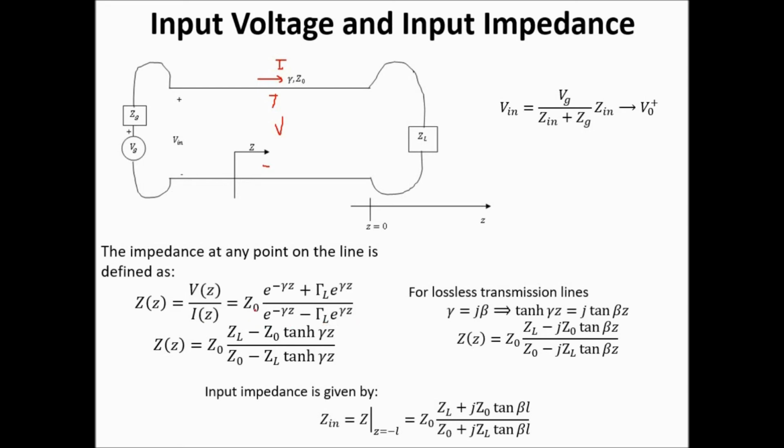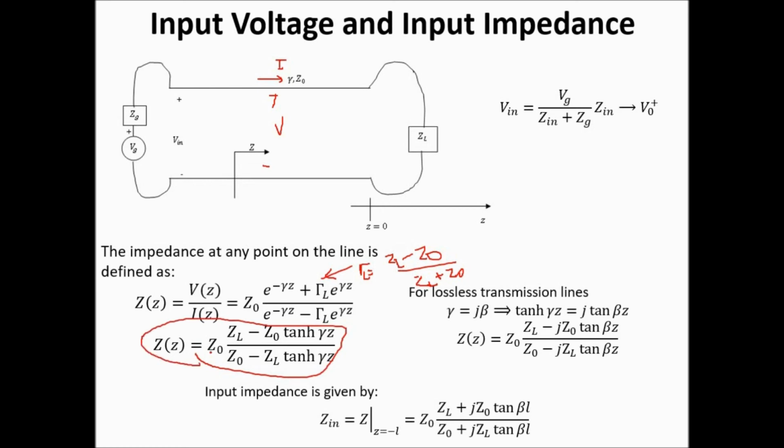If you put gamma L here, as we got before, gamma L is equal to ZL minus Z naught over ZL plus Z naught. If you substitute this gamma L here, you will come up with this expression.